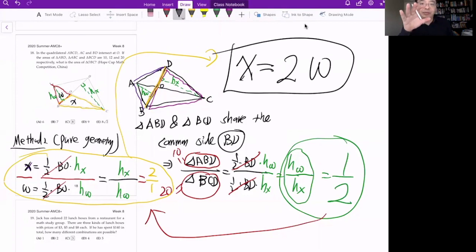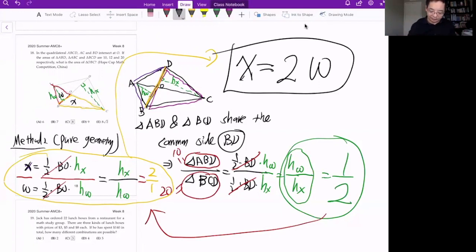Remember in the previous approach, we derived X equals 2W by an algebraic approach combined with another geometry fact we mentioned before: if you have the same height, then the ratio between areas is the ratio between sides. Here, by a kind of reversal, if they have the same sides, then the ratio between the areas is the ratio between their heights.